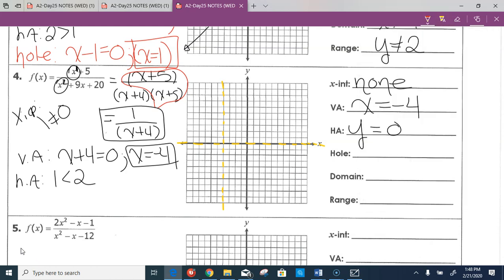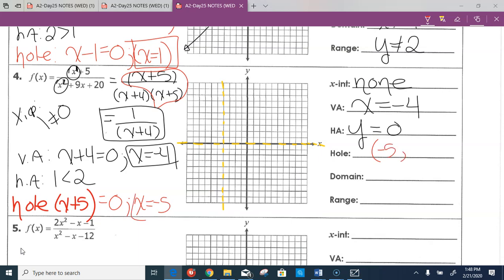So let's look at the next piece of information, which is the hole. I do have a hole because I have a common factor. The common factor is x plus 5, which I identified above when I was factoring my equation. So I make that factor equal to 0. What number plus 5 would give me a 0? Well, that would be a negative 5. So I have an x value of negative 5.